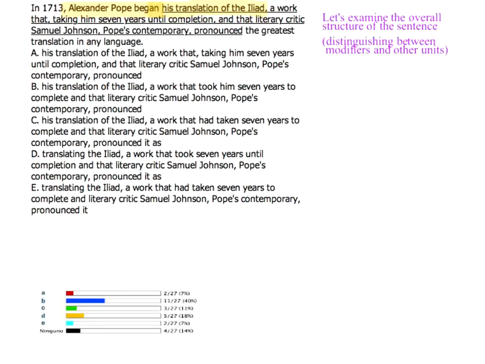Alexander Pope began his translation of the Iliad is already a complete sentence. So when we look at what follows, we should have modifiers that should work in the way that modifiers have to work.